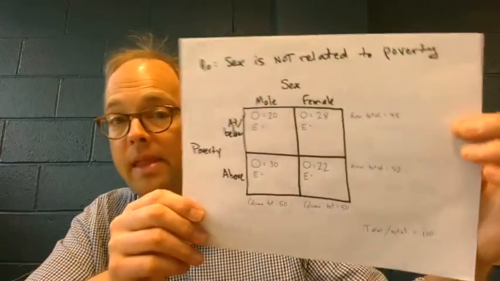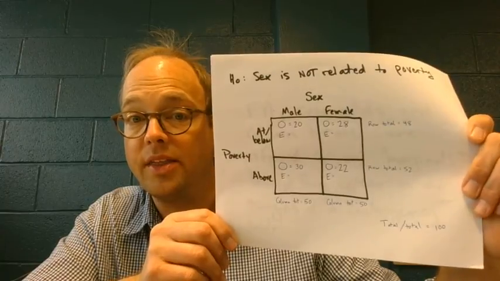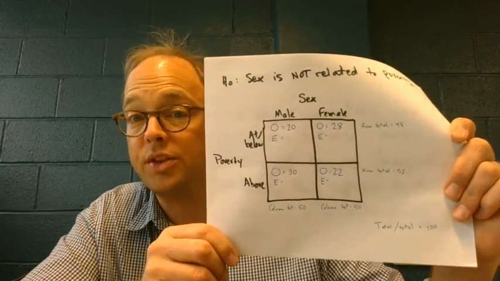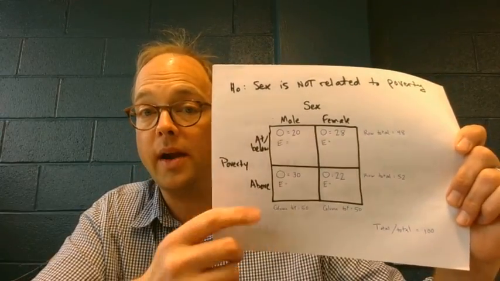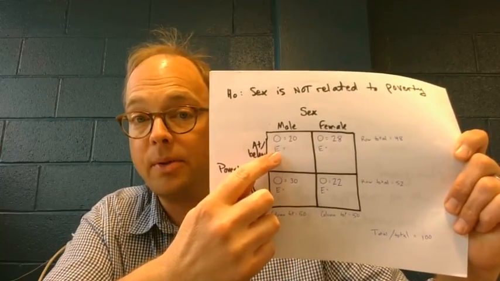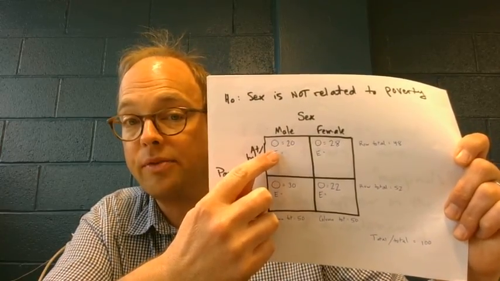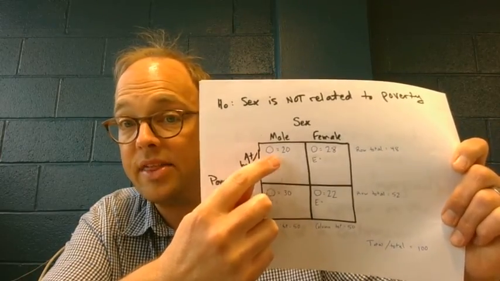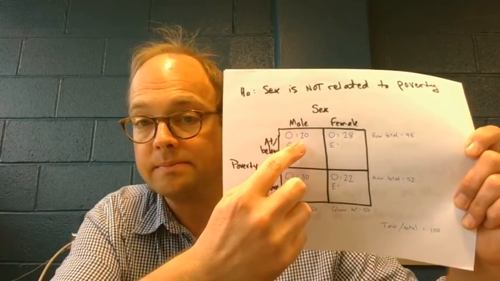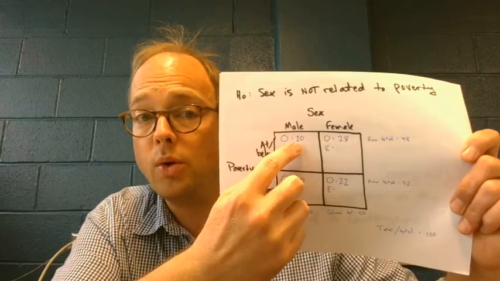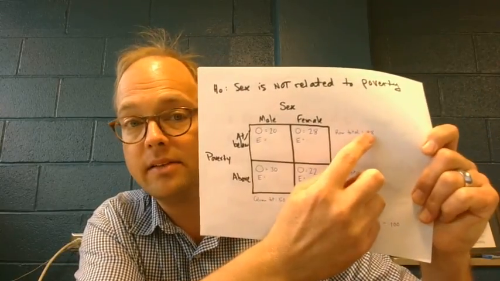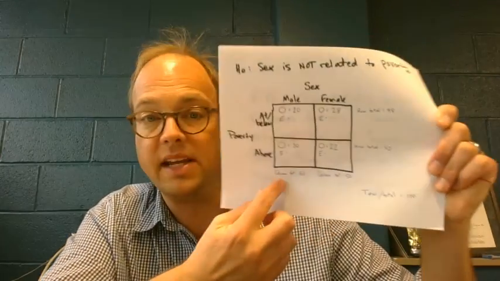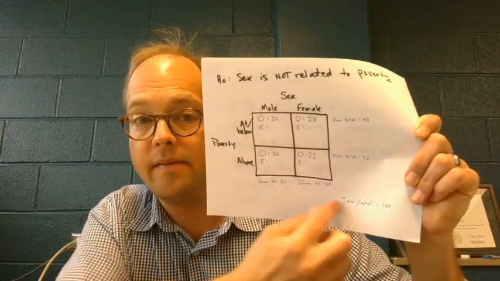Getting back to our example here. Luckily, I already calculated the row totals and the column totals. So now all I need to do is do the math and insert the correct number into each square next to each E. So for example, to calculate the expected cell frequency for this cell, men who are at or below the poverty line, I need to take this, remember it's cell specific, this cell's row total, which is 48, and multiply it by this cell's column total, which is 50, and divide by 100.